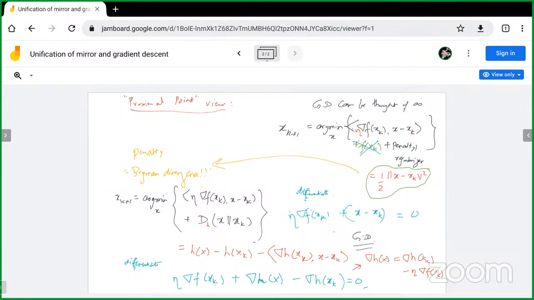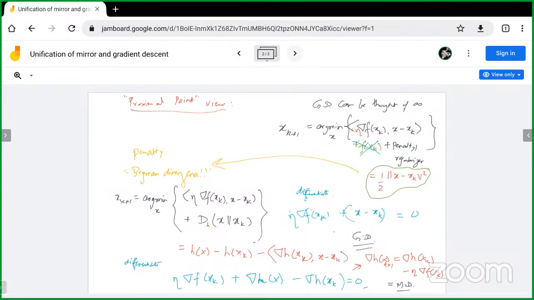And it is exactly the mirror descent iteration. So this is like x_k plus 1, that's next. So this is precisely what we did last time. So there's the other view of mirror descent, and I guess both of these views are essentially equivalent.